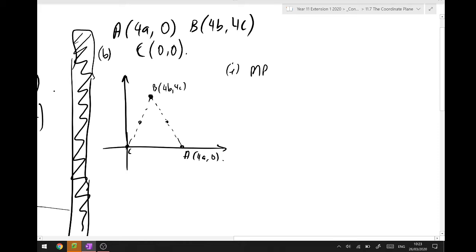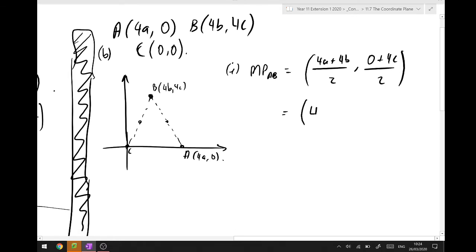So the midpoint of AB, in this case, is equal to, let's just use the points, the sum of the x parts over 2, comma, the sum of the y parts over 2. So simplifying this down, we get 4a plus 4b over 2, so we can divide the top and bottom by 2. 4a divided by 2 is 2a, plus 4b divided by 2 is 2b.